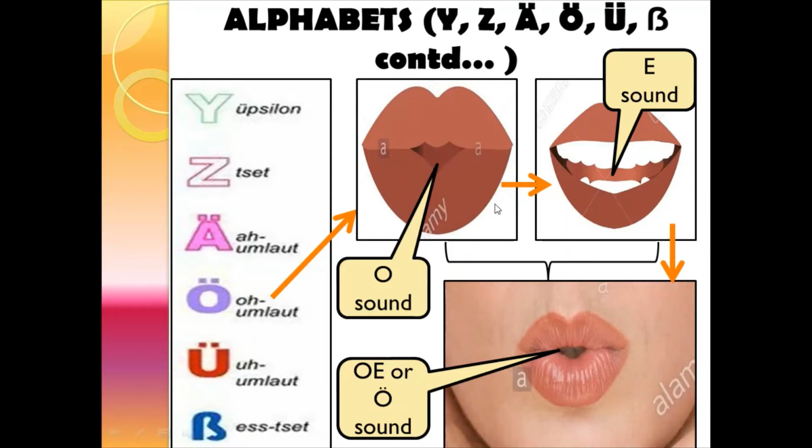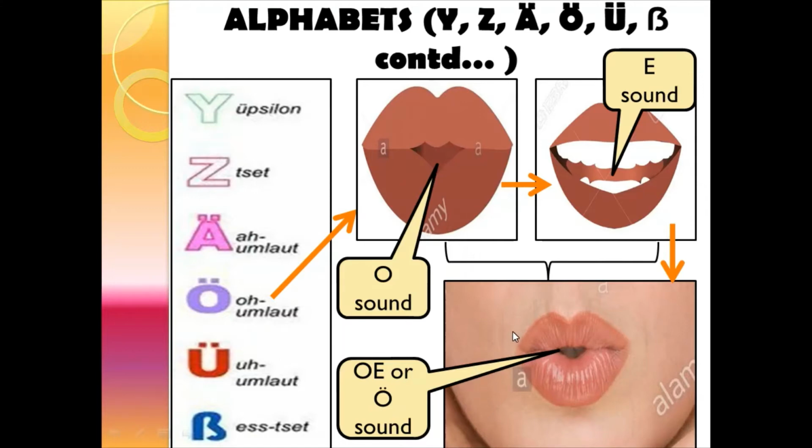Now combine the O sound and the A sound in such a way that the facial muscles will become less tensed, as you can see in this image, more relaxed compared to when you were making the O sound.